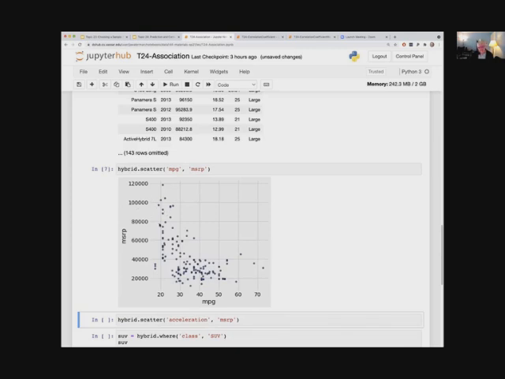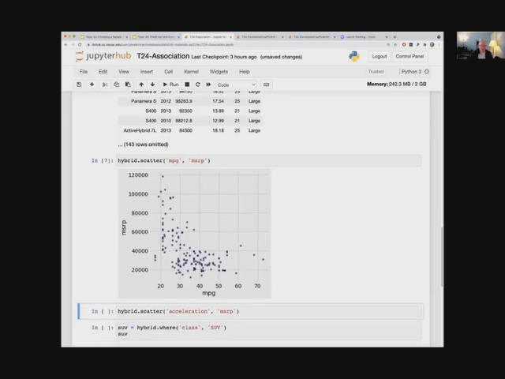And you can see there definitely is an association, right? Is this a positive association or a negative association? Well, there's definitely a trend where as the miles per gallon increases, the cost decreases, right? So that's going to be a negative association. The other thing to note is, does this look linear?